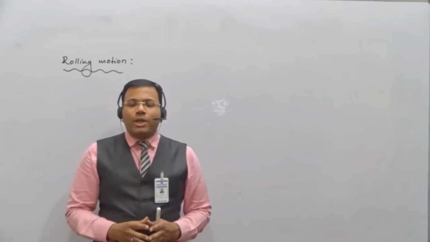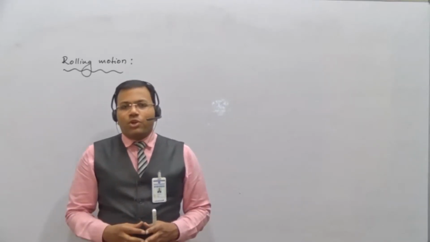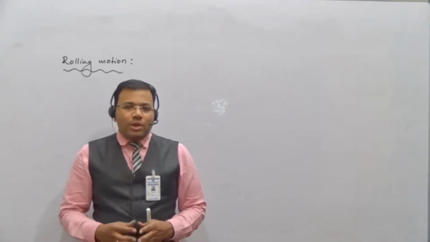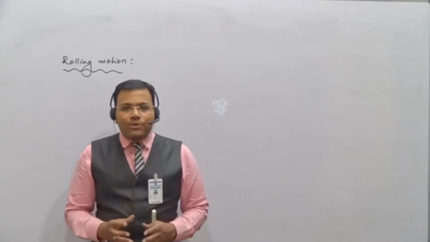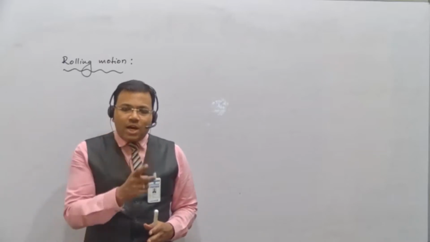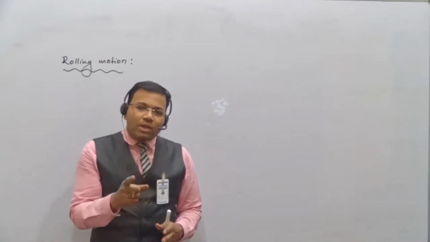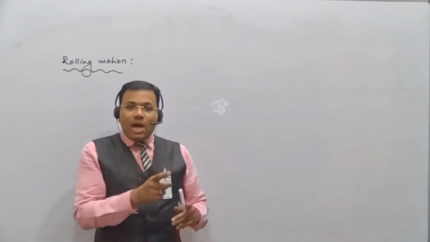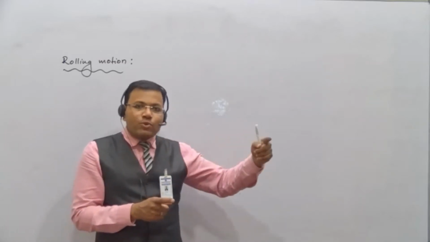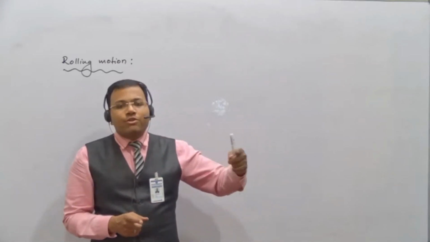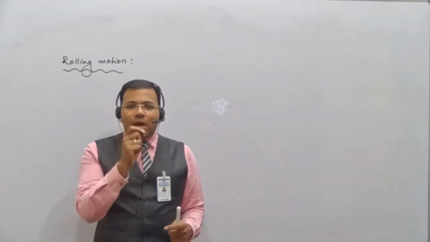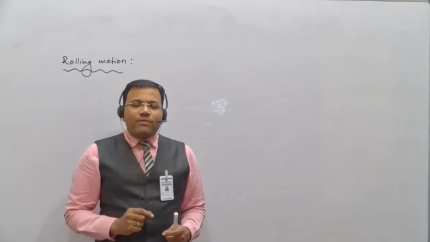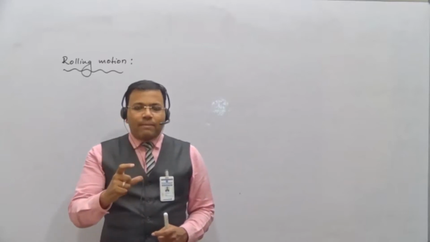Here I am going to get the third type of motion, which is called rolling motion. If you look clearly at an object which is rolling, it has rotational motion, and it is also moving from one point to another, so it has translatory motion also. The best example is the tire of a vehicle.